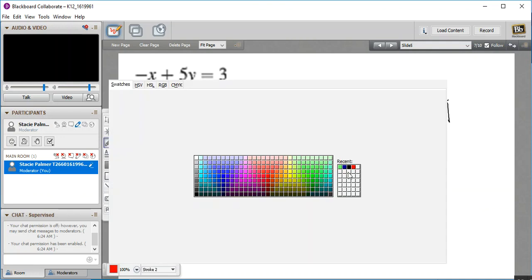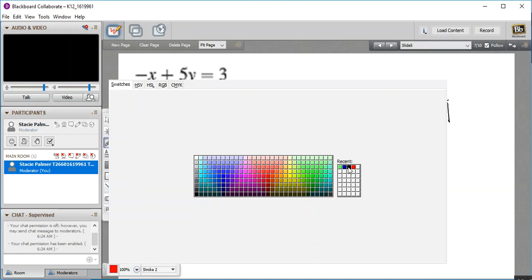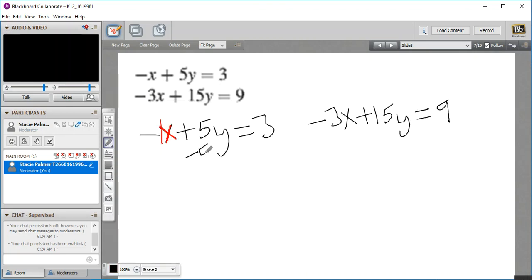Right now it is negative 1 times x plus 5y equals 3. So to get this x all by itself, we're going to subtract 5y from both sides. So we have negative 1 times x equals 3 minus 5 times y.